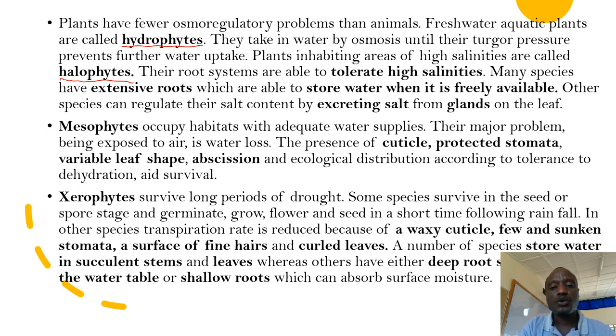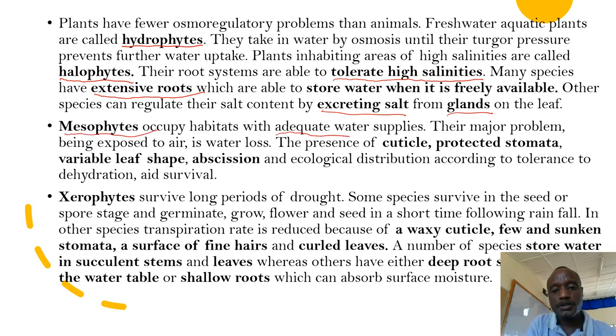Their roots are able to tolerate high salinities. Other species have an extensive root system to store water when it is freely available. Other species can regulate their salt content by excreting salts from glands. Understand that one. Now we have mesophytes, plants which occupy habitats with adequate water supply. Understand this point, it is very nice.